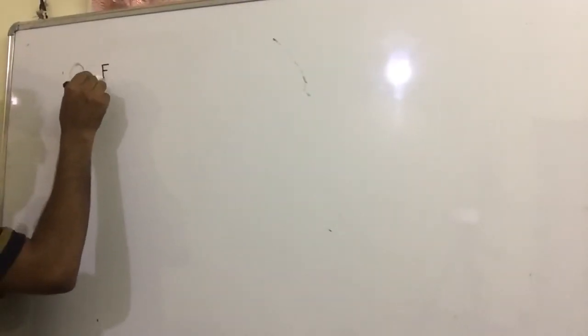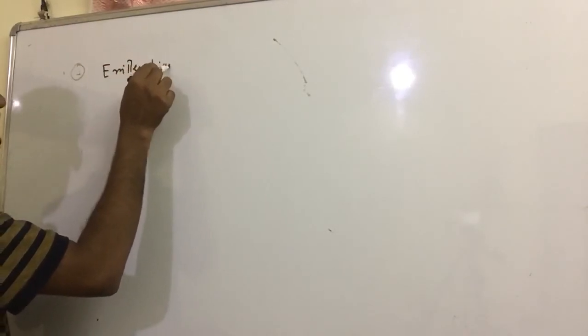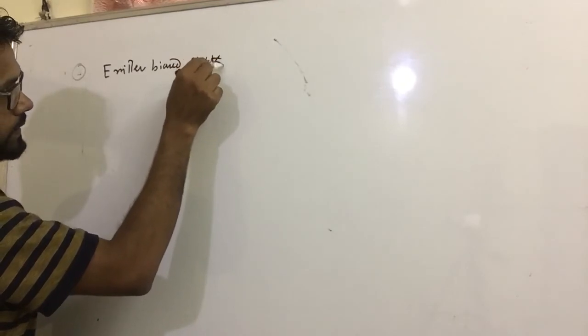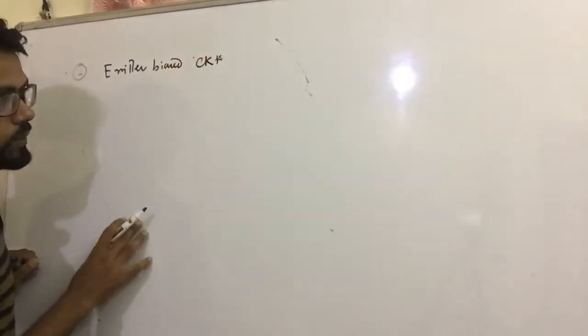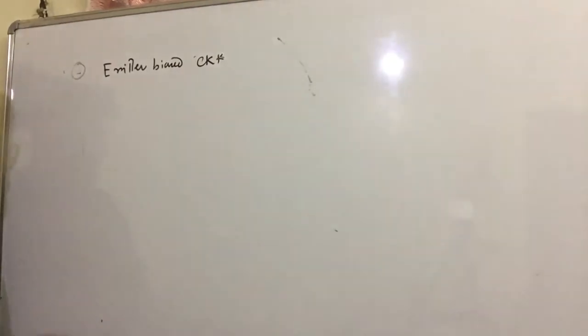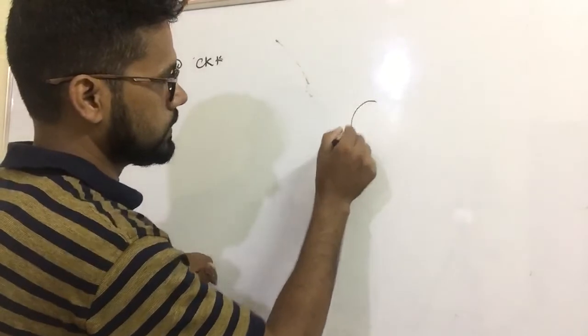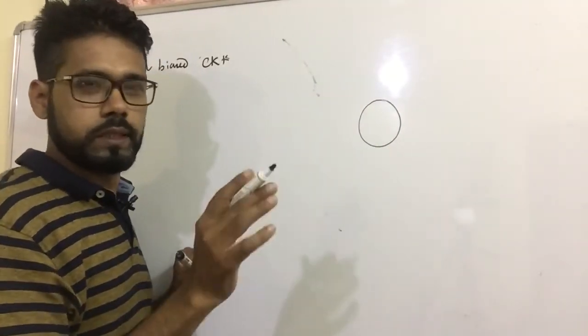Emitter bias circuit, you focus on the emitter bias circuit. Suppose this is a transistor. It may be NPN, it may be PNP, whatever it is.